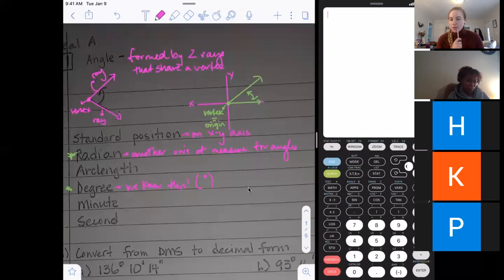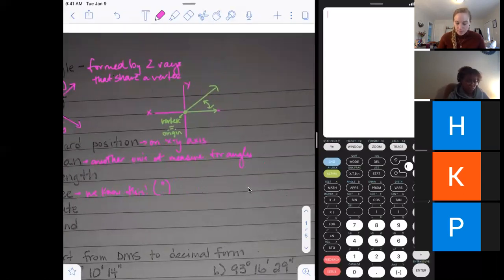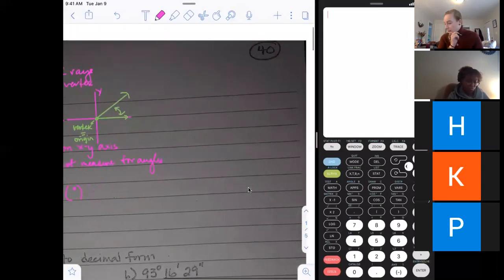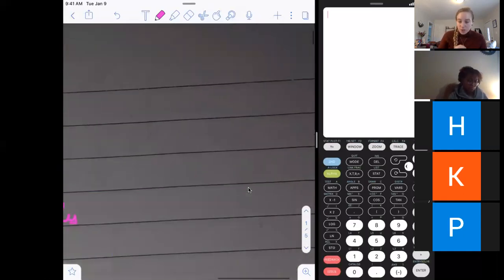While I'm talking about degrees and radians, I'm going to give you a couple conversion factors. Maybe I'll prove this out tomorrow, but for the sake of time today, I'm going to show you the formulas, or the conversion factors, for how we switch between radians and degrees.